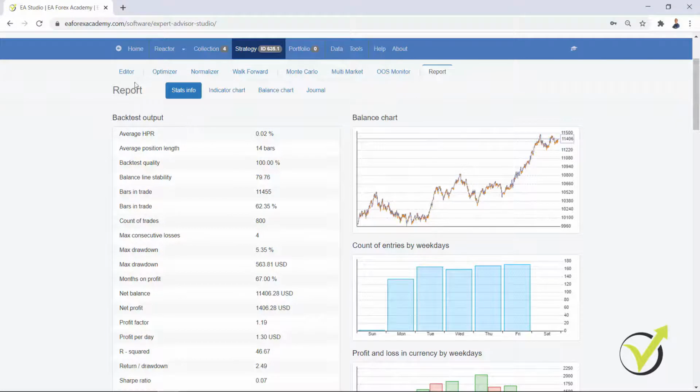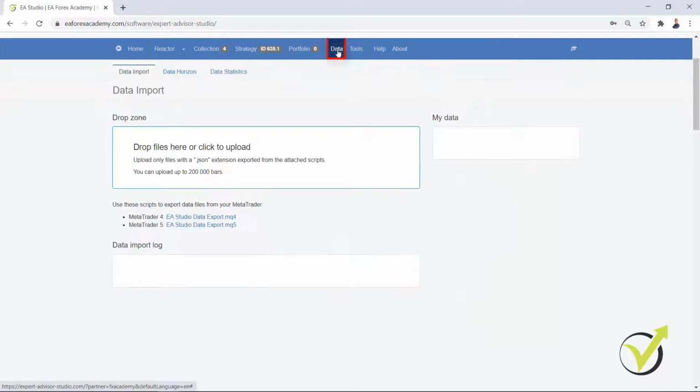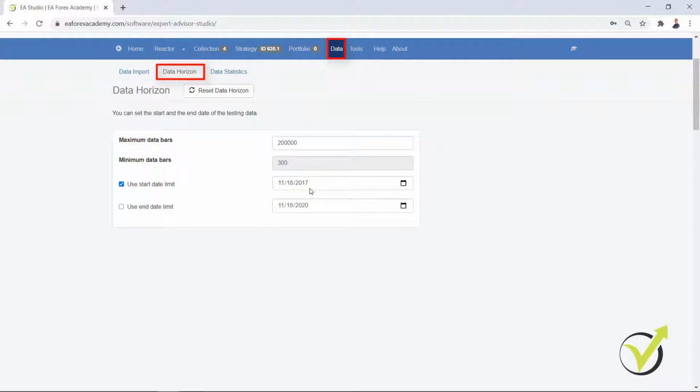Okay, and I've mentioned that I have selected to use 3 years of historical data for the backtest, but if I go to data and I go to data horizon, I can increase it as much as I want, up to 200,000 bars.